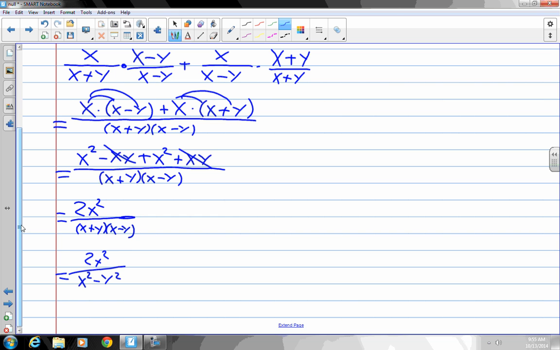The only way I can see what's a factor is through multiplication. Now it's x squared minus y squared. There are two different expressions, so I cannot be crossing out the x squares. So this is why it's good to keep everything factored till the very end. So when we got to this point, there's nothing in common. So we're done. That's the answer right here. Or that's the answer. Either way. Both acceptable.